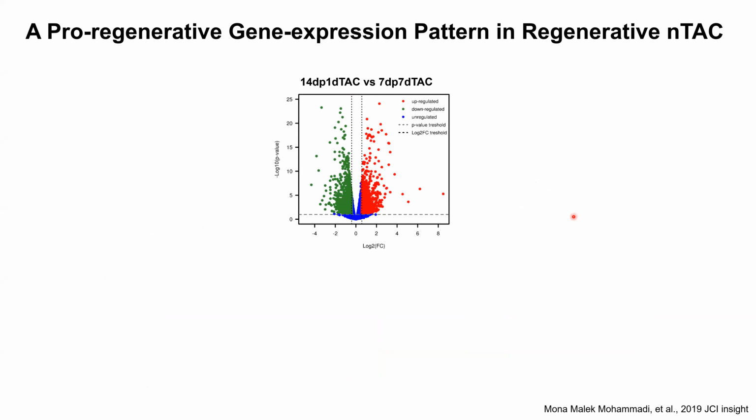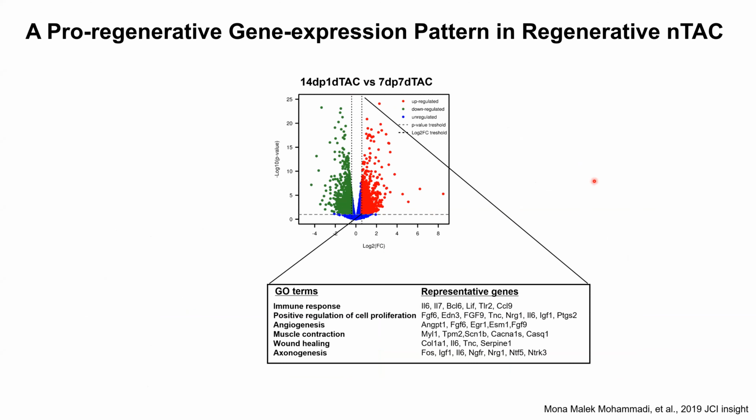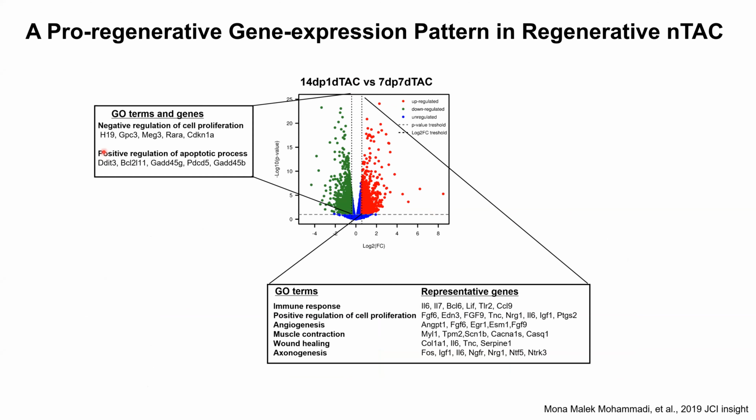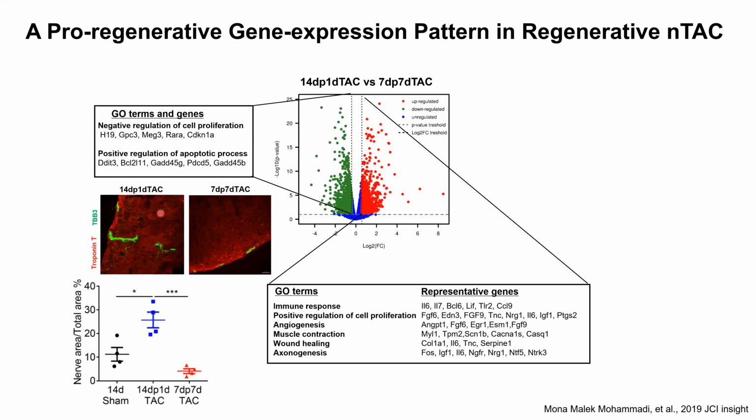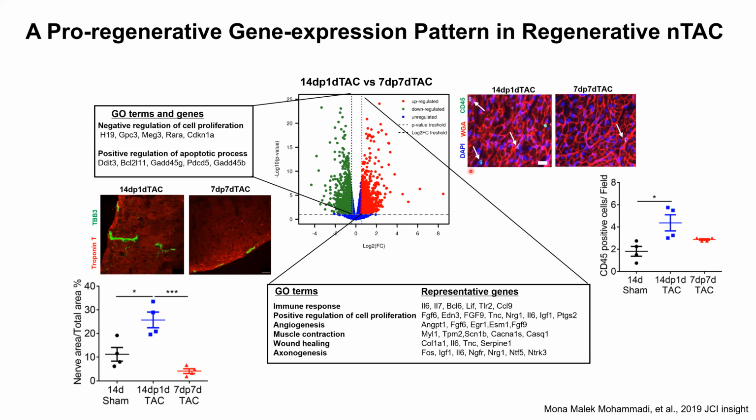I've seen that a lot of pro-regenerative genes are upregulated in the regenerative phase, such as immune response, positive regulation of proliferation, angiogenesis, muscle contraction, wound healing, and axonogenesis, and a lot of non-regenerative genes, such as the negative regulation of cell proliferation and positive regulation of apoptosis, are upregulated in the non-regenerative phase. I further confirmed that I have more nerve covered area when pressure overload is induced in the regenerative phase, and there are more immune cells in the heart.